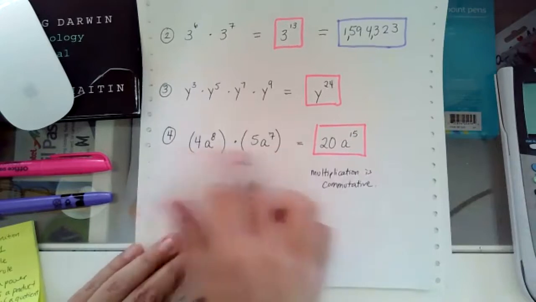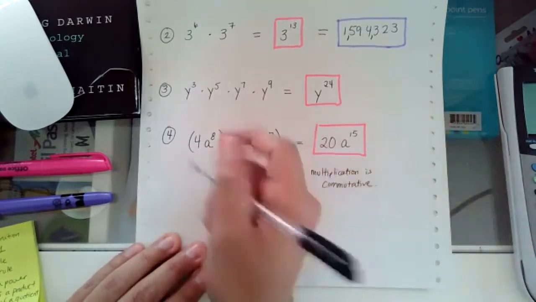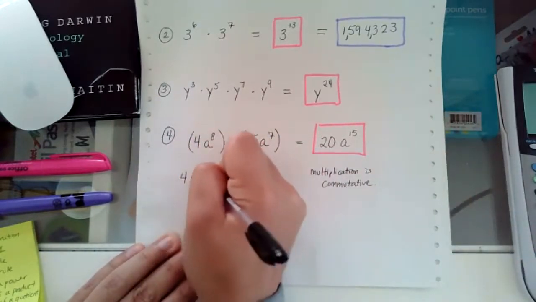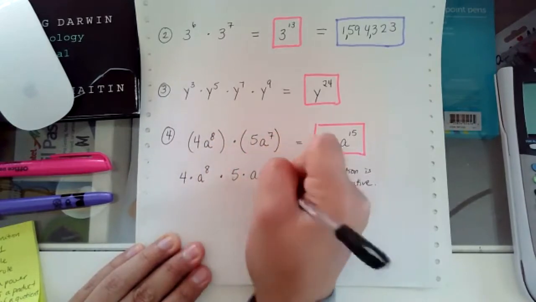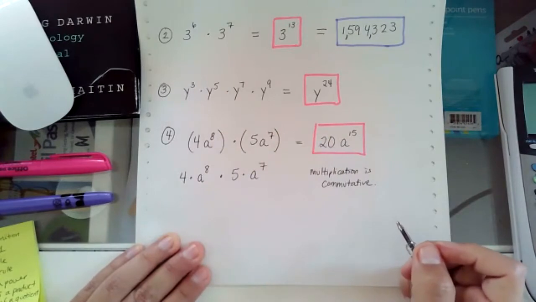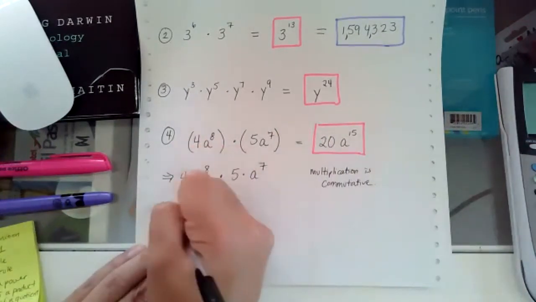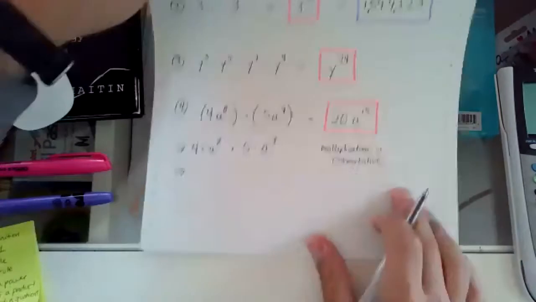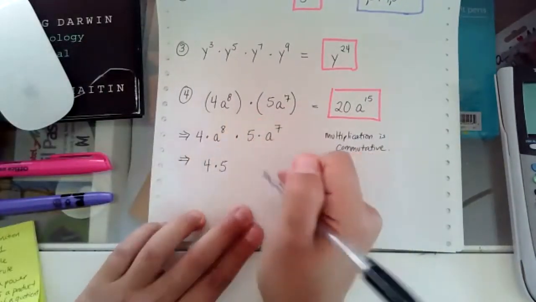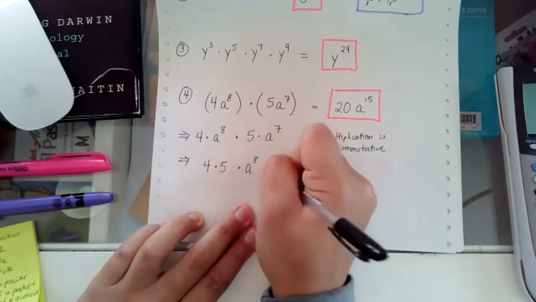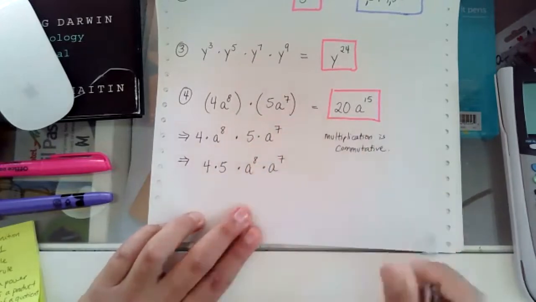So if we're just strictly doing multiplication in this problem, and we have 4 times a to the 8th times 5 times a to the 7th, then I can just reorder this so that it has a more natural ordering. We could do 4 times 5 times a to the 8th times a to the 7th.